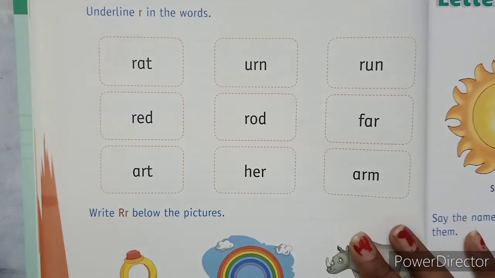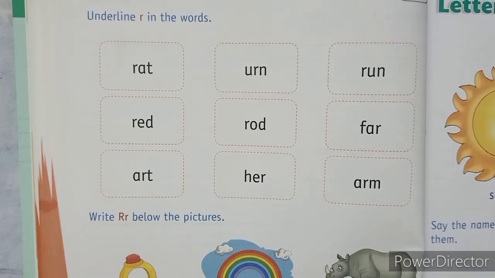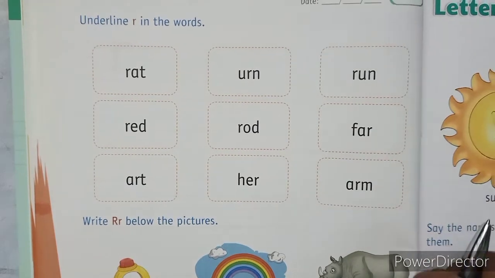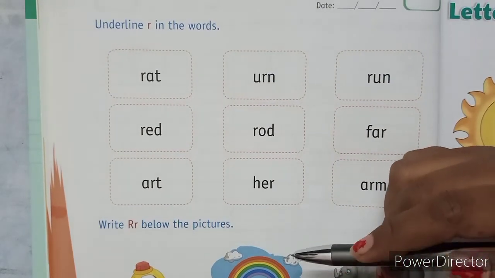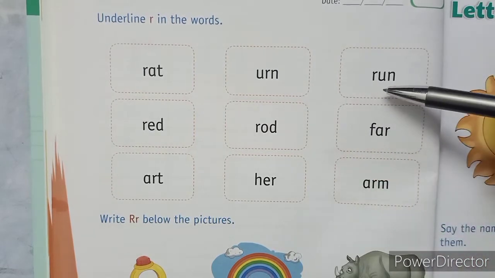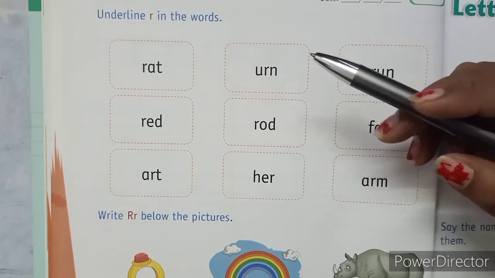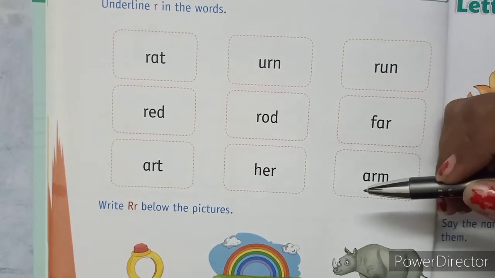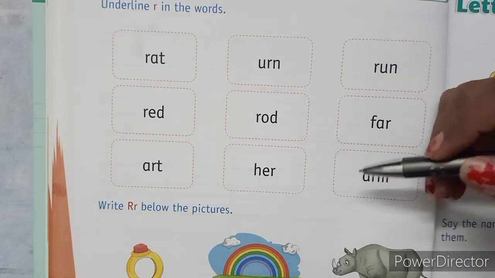So underline R in the words. How will you underline? Underline R in the words. So R for rat. So on, run, all these words you can see there is a letter R. जहाँ जहाँ आप देख सकते हो लेटर R है, वहाँ वहाँ आपको क्या करना है? अंडरलाइन करना है.